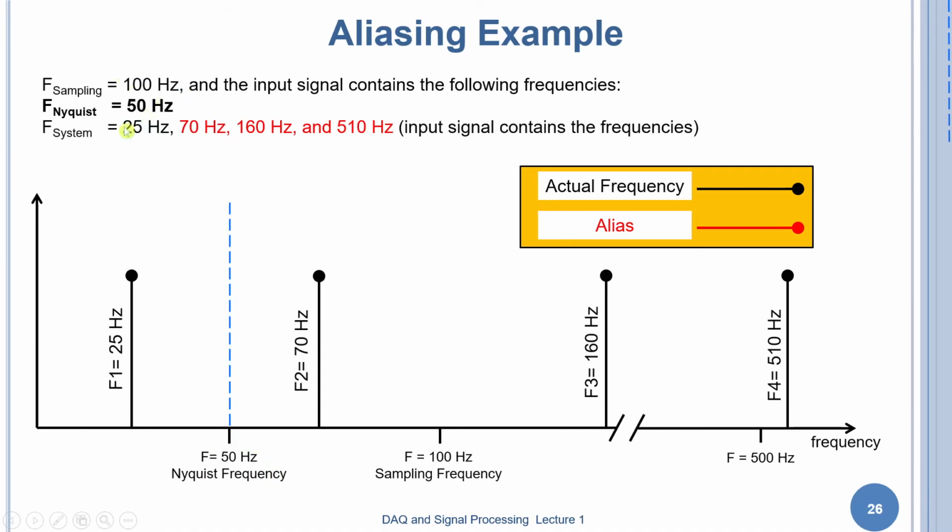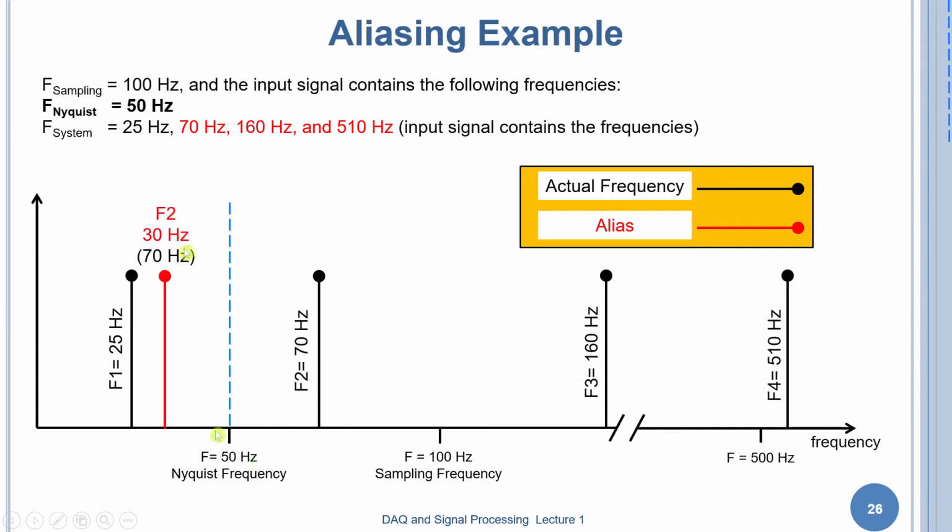Now if I want to capture 70 hertz, my sampling is not good enough. You know that for a 70 hertz signal I should have twice the sampling, more than 140 hertz, which is not the case. So I am going to get an alias signal here, which will look something like this.